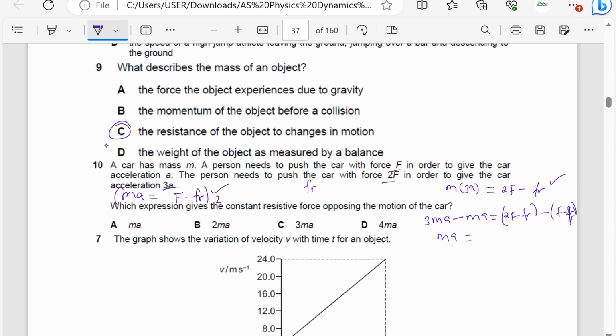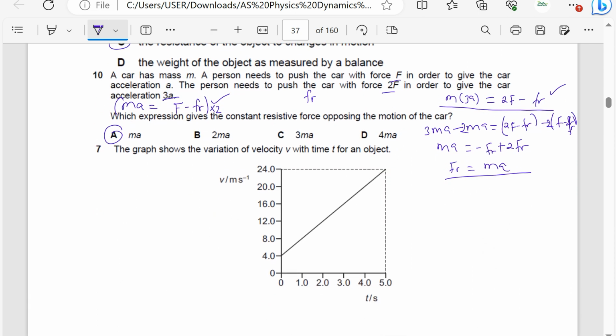That is twice ma. Then these ones should also be multiplied by 2. So we have twice F minus 2F, it cancels out. Then I have minus Fr, minus and minus, so it is plus twice Fr. So it means Fr is going to be equal to ma. So the answer is going to be A. I multiplied this equation by 2, and then I subtracted it from this one, and I'm getting Fr equals ma.